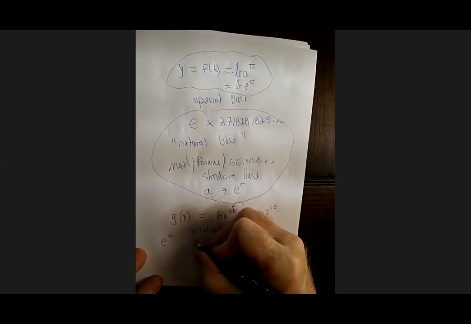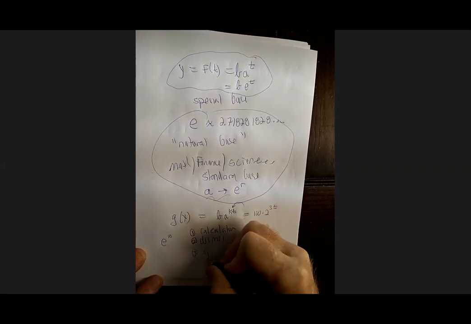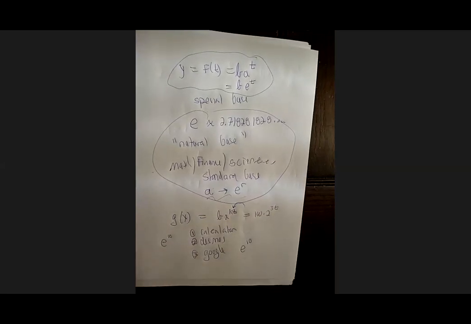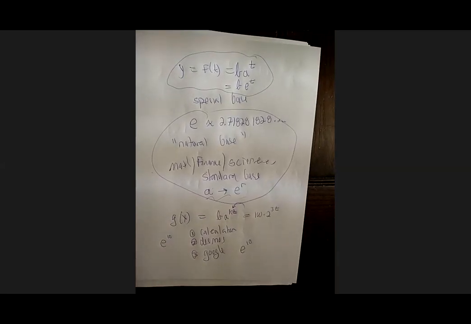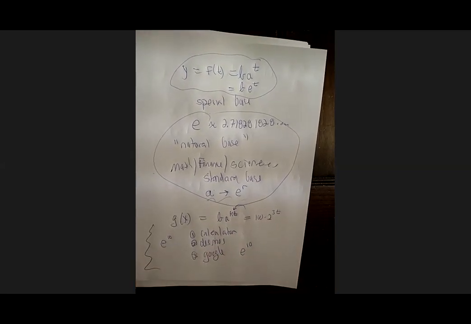You can go to Desmos. Desmos knows what e is. Or you can just go to Google. If you have your computers open, just Google e to the 10, and you should get a numerical value for it. So if you ever need to evaluate that, those are your choices. And again, I'm going to give you some practice with that within the handout.